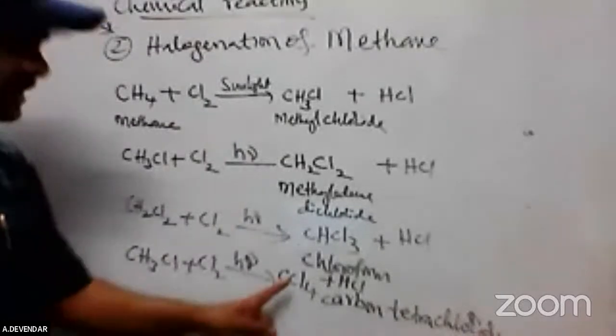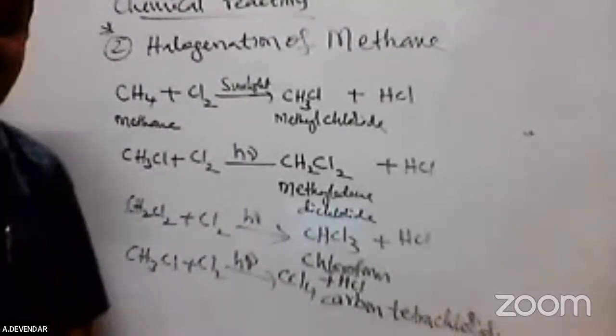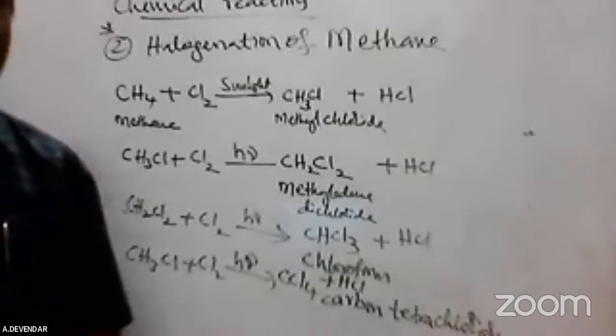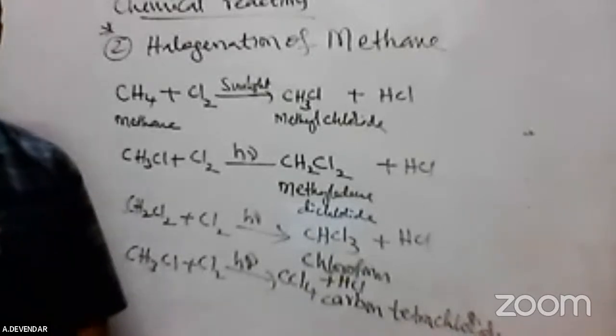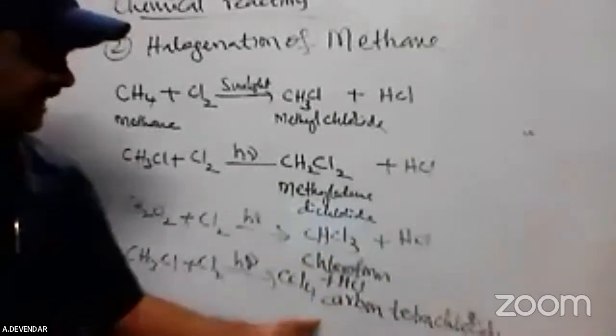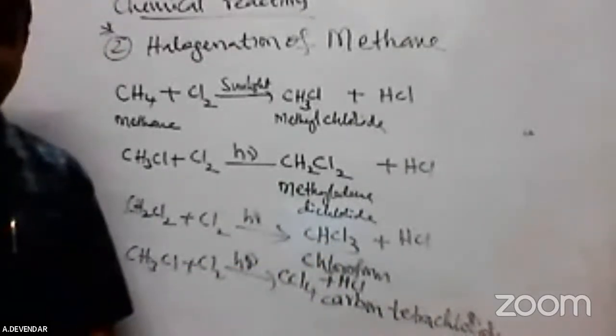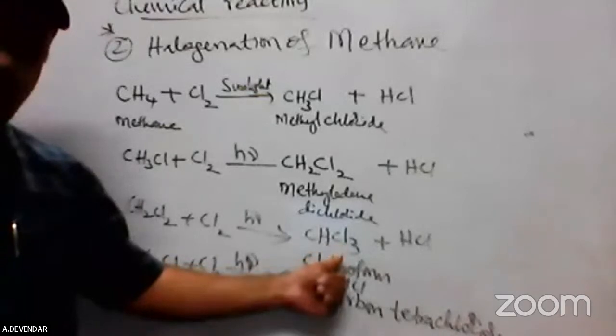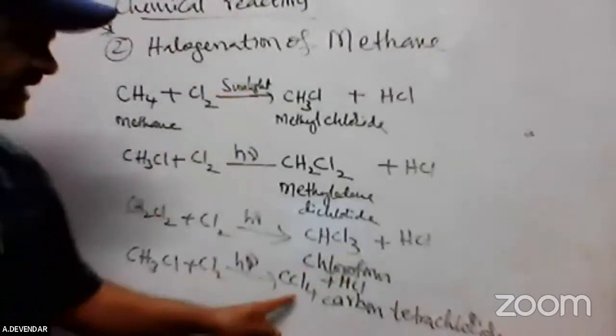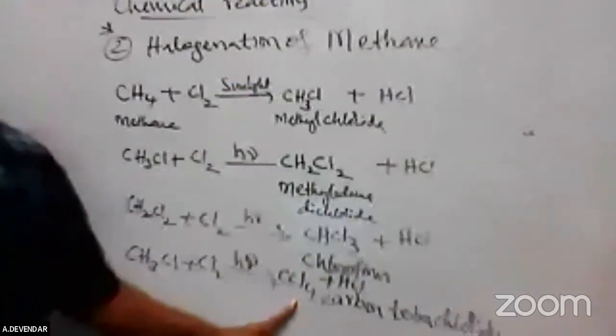See friends, chloroform is preserved in brown bottles, but carbon tetrachloride is preserved in white bottles. Why? If you go to the laboratory, you will get both reagents, chloroform as well as carbon tetrachloride. If chloroform is exposed to sunlight, what do you get? Ultimately, carbon tetrachloride only.